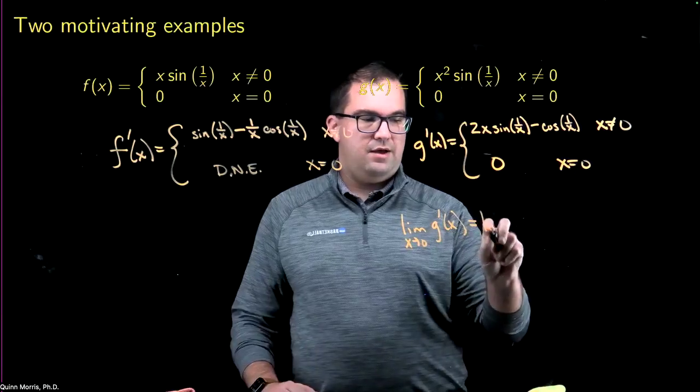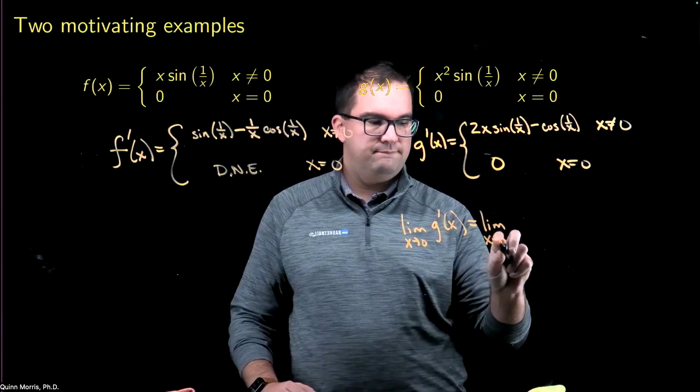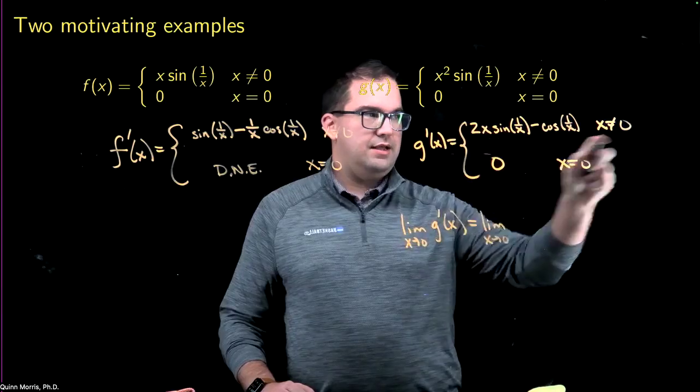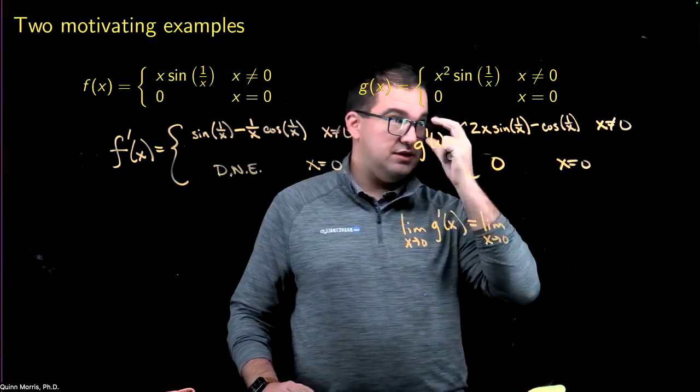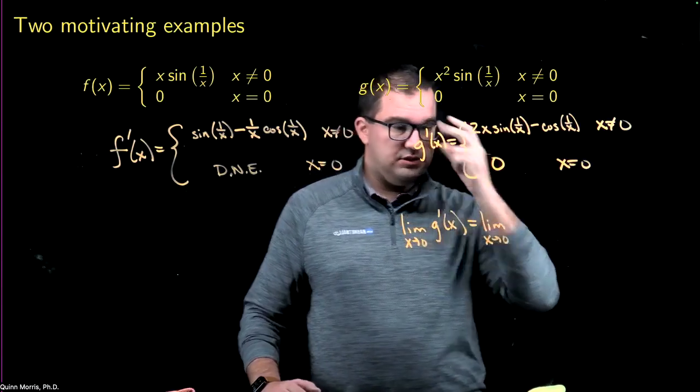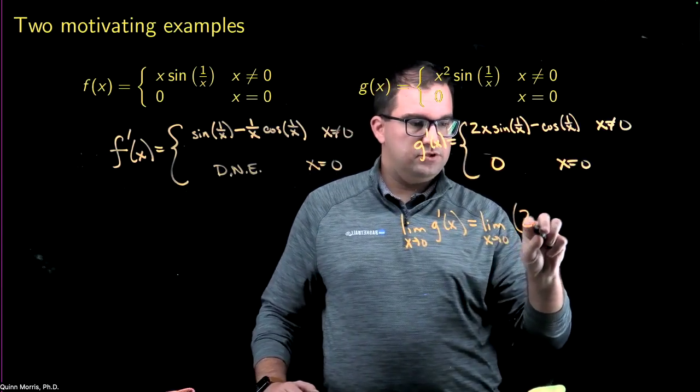Well, I can just write down g prime of x. I'm not concerned with what's happening at 0. I want to know what's happening as I get close to 0. That'd be the limit of this function.